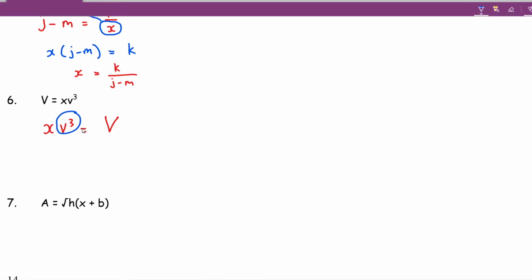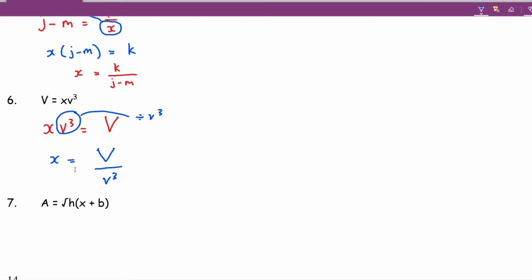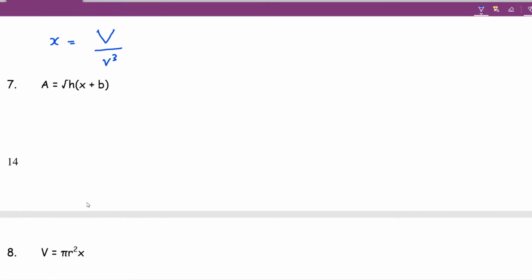It's been multiplied by small v cubed, so I divide by small v cubed, and we end up with x equals capital V divided by small v cubed. Remember those v's are different, so we can't cancel them. Okay, let's go on to question 7.